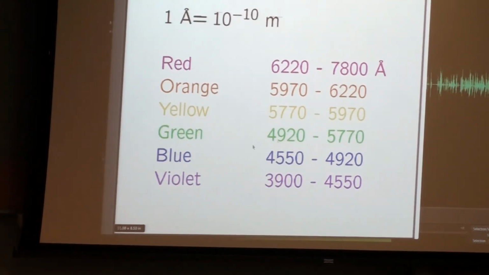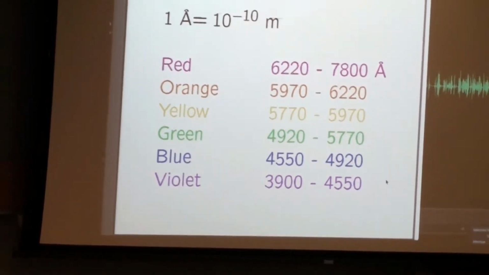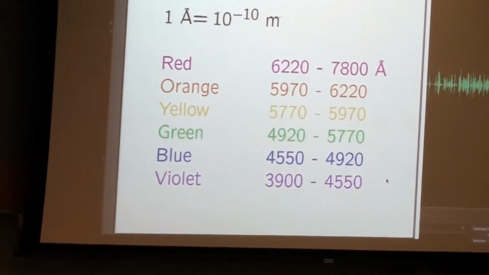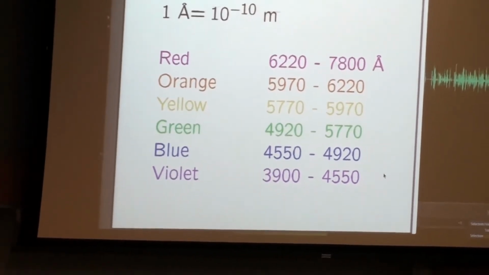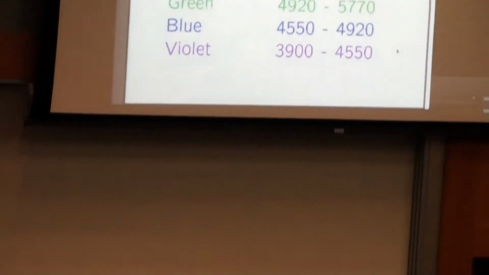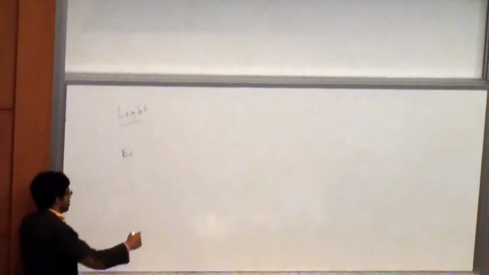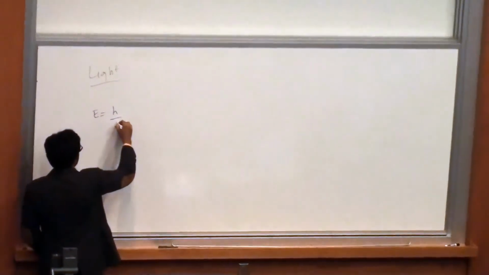Over here you have longer wavelength, and it goes down to shorter wavelength. We also know that energy is inversely proportional to wavelength. Right? So what's energy? I'm sure you guys have had chemistry classes, right? So it's Planck's constant h over the wavelength lambda.